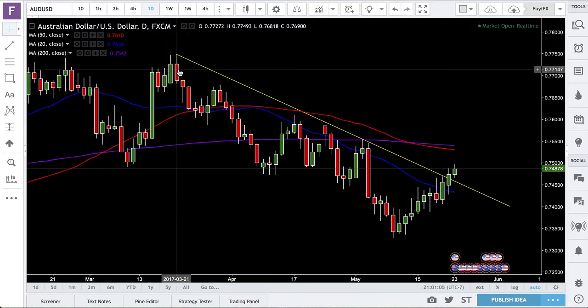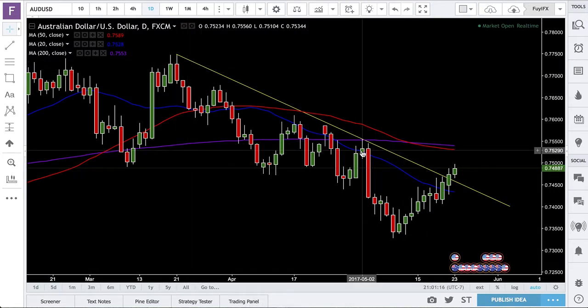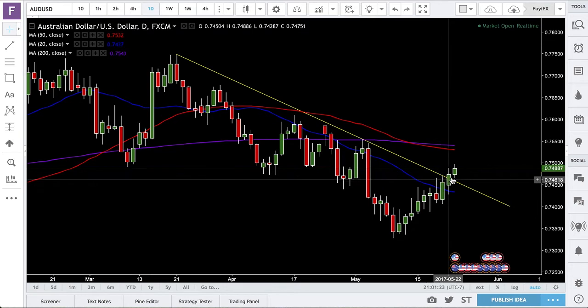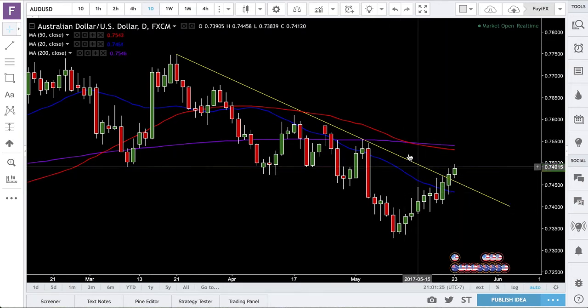I've connected the high of March 21st and May 2nd, May 3rd, these two little wicks here. I've connected those two, and you could see that price has broken that downtrend line.